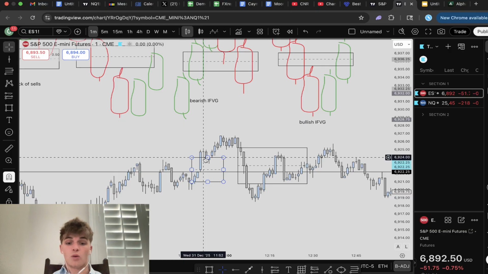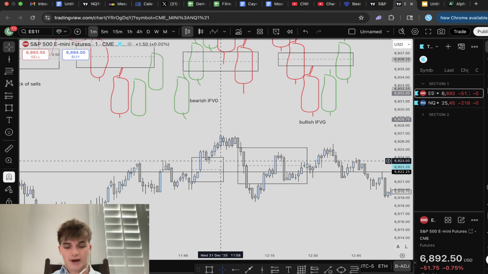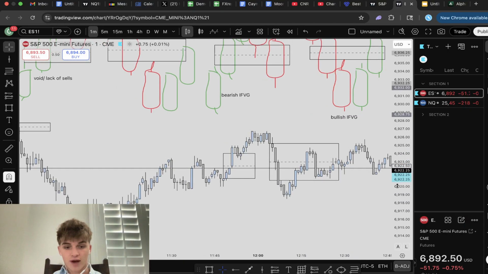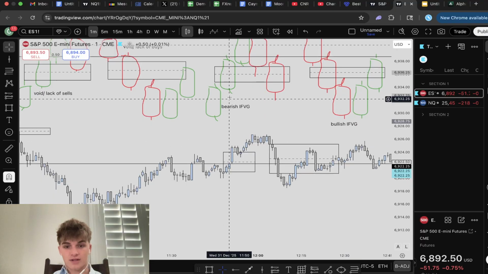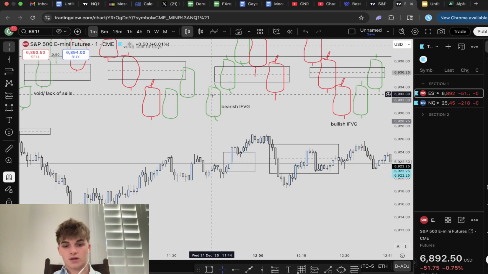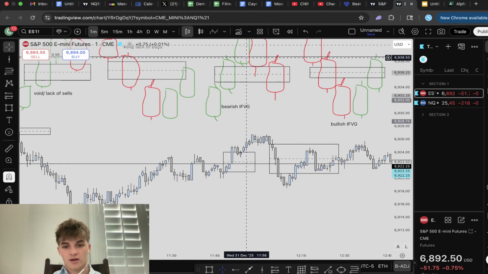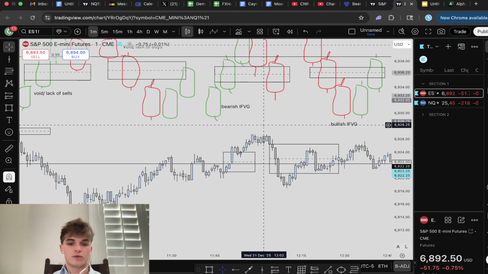One last thing before we wrap this up. It doesn't matter what color they are, they can be black, blue, green, purple, whatever color candlestick you make it, it's still going to work the same way.